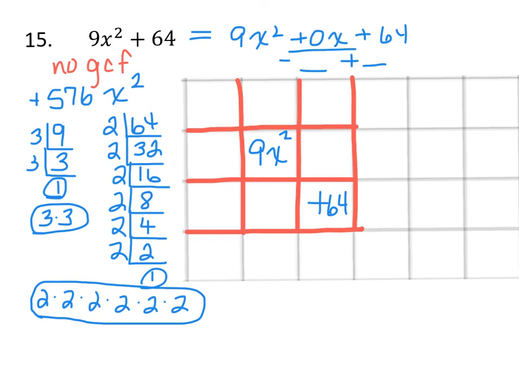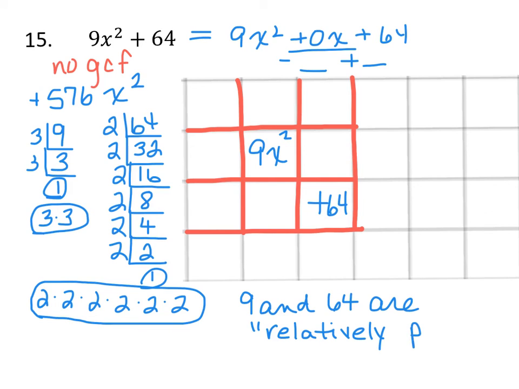So we would say that the numbers 9 and 64 are relatively prime. Neither of the numbers by itself is prime, but in relation to each other they are prime, meaning they have no common factors.